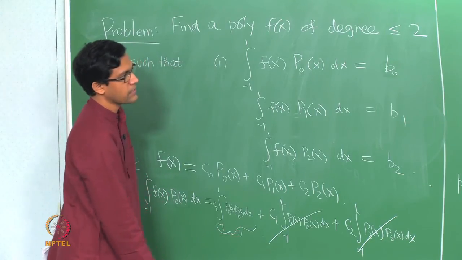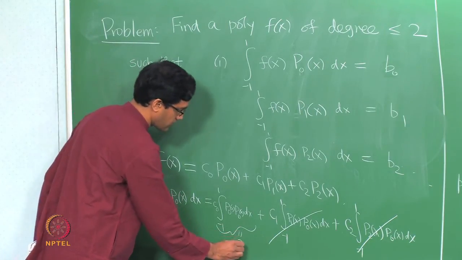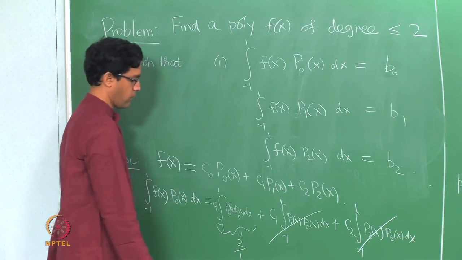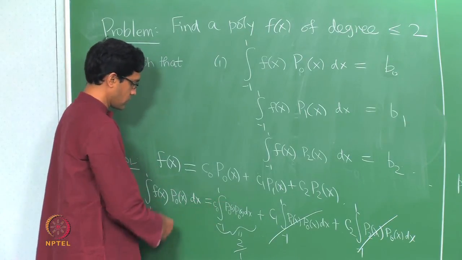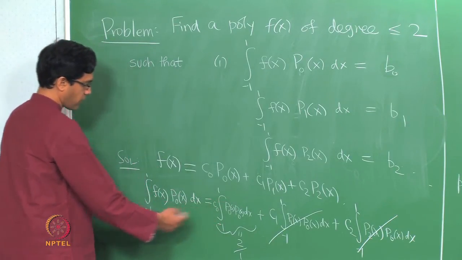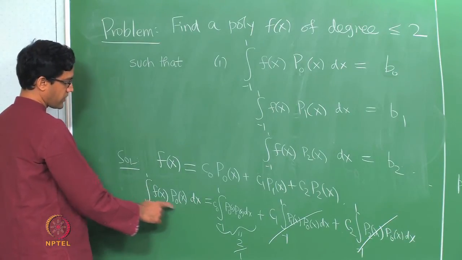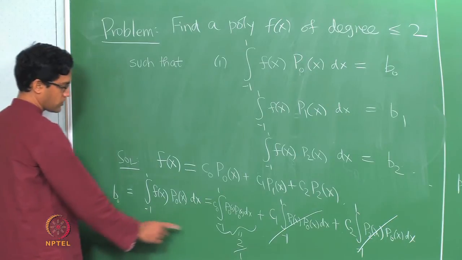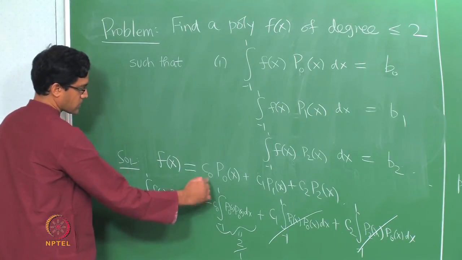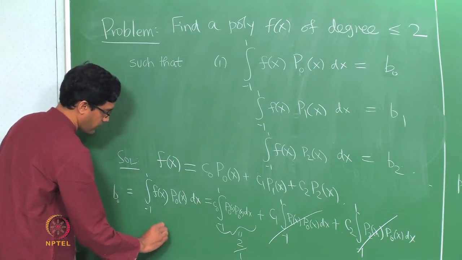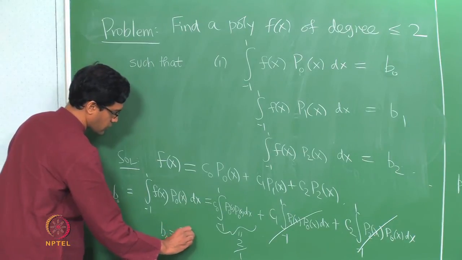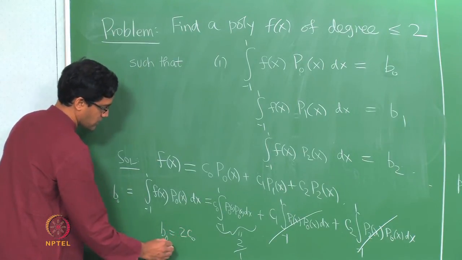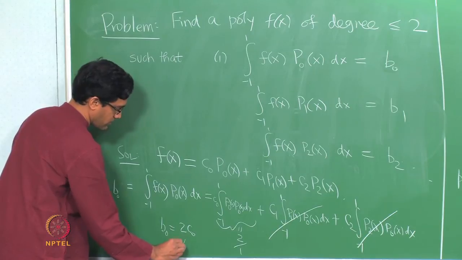Well, the answer according to that is 2 divided by 2n plus 1, so it is 2 divided by 1. So this integral is 2. So what it says is that you get the following equation, the integral of f of x p0 of x is the given constant b0, but on the other hand it should be 2 times this scalar c0. So we conclude b0 is 2 c0, and so you determine c0 from this, c0 therefore becomes b0 divided by 2.